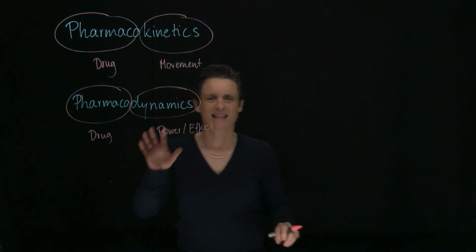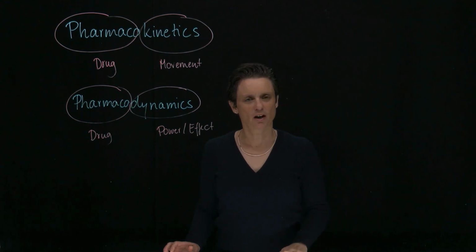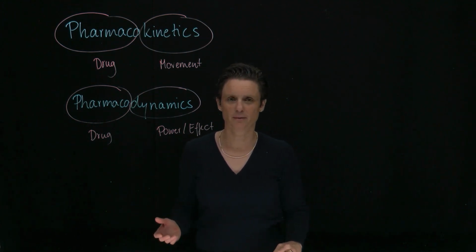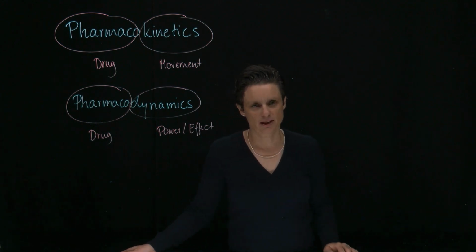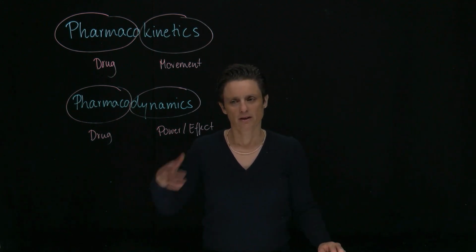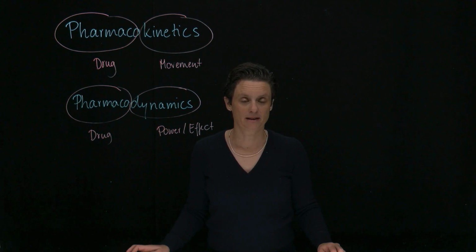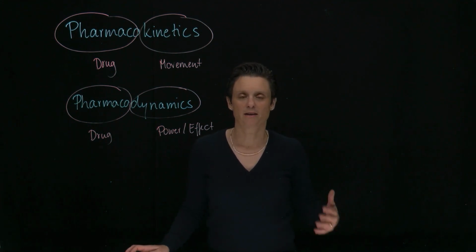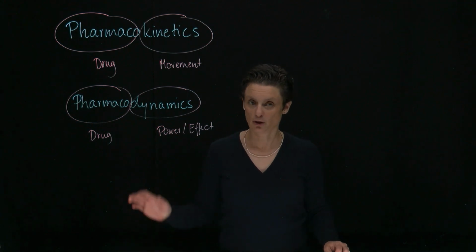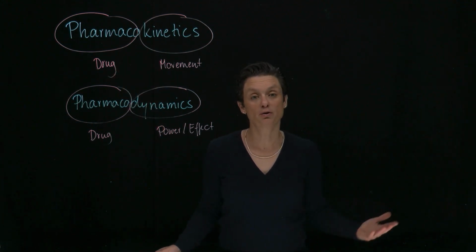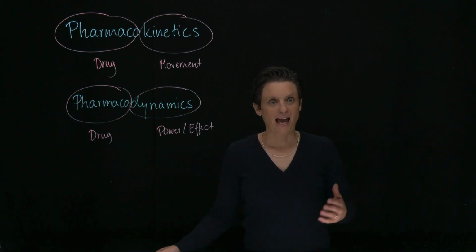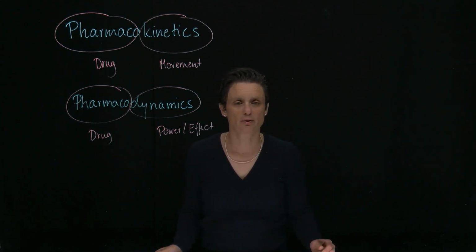So it means the effect of a drug on the body, so that we usually think about when we say this drug acts at a certain receptor and has a specific effect. So that's what pharmacodynamics is about. We can summarize it really as, what does the drug do to the body? In contrast, pharmacokinetics means, what does the body do to the drug as the drug travels through the body?